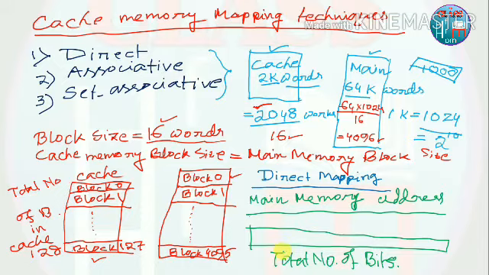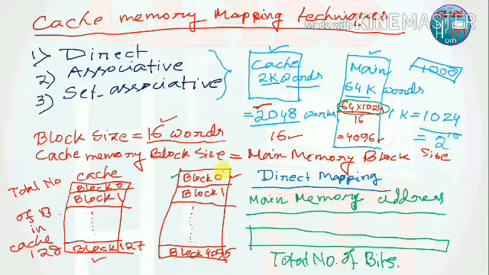Clear? See here, in the main memory, this is the total number of words. So every word has an individual address.